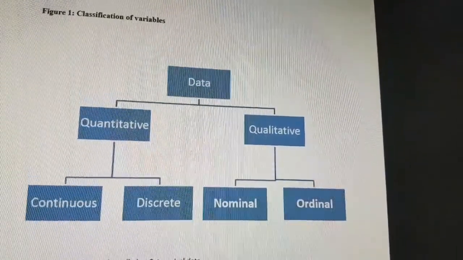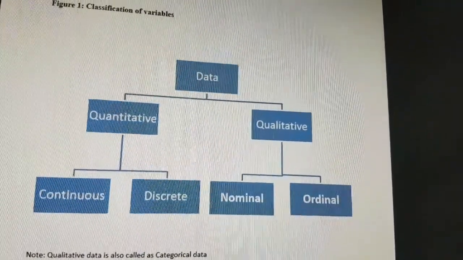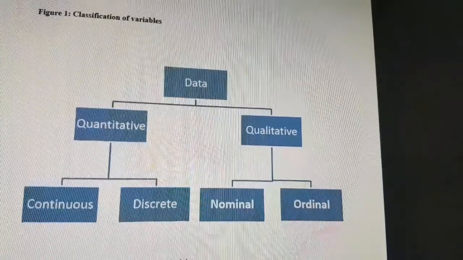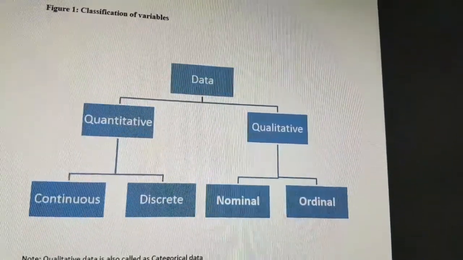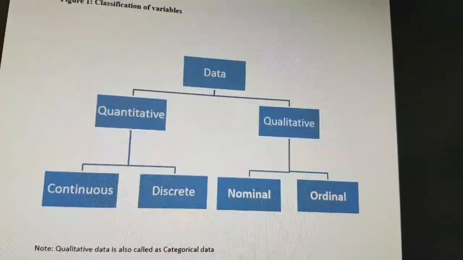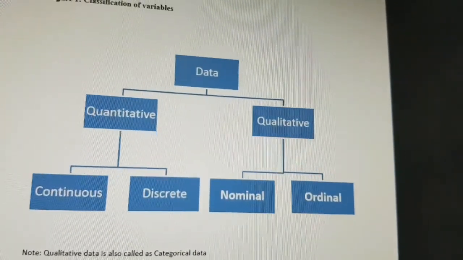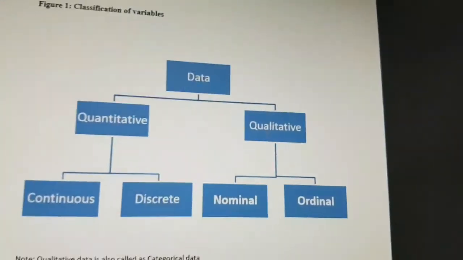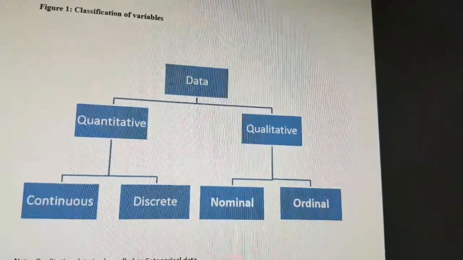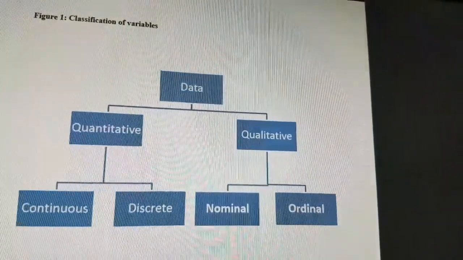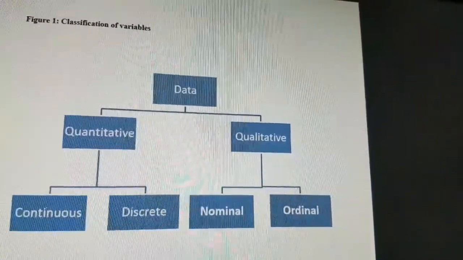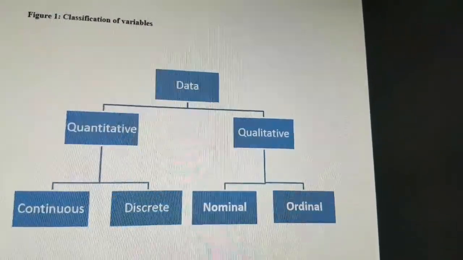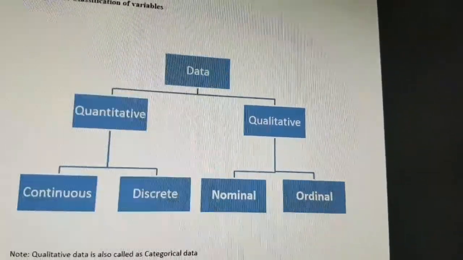But ordinal follows some order. For example, severity of disease. So for severity there is an order. It may be mild or moderate or severe. Even the Likert scale is the best example for ordinal scale because there is an order: strongly agree, agree, neutral, disagree, strongly disagree.